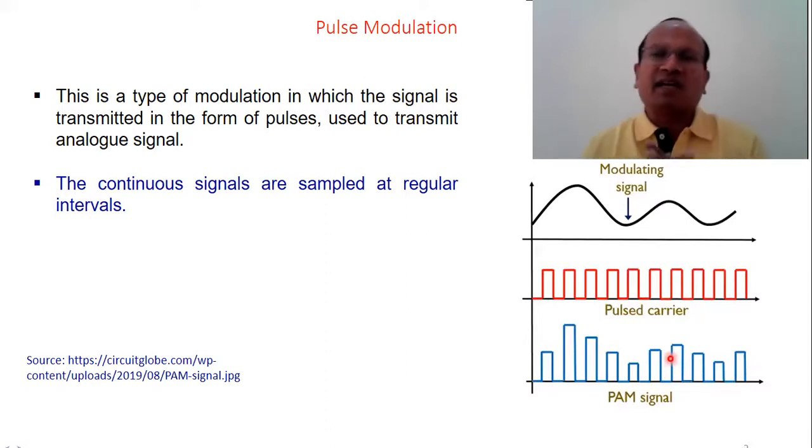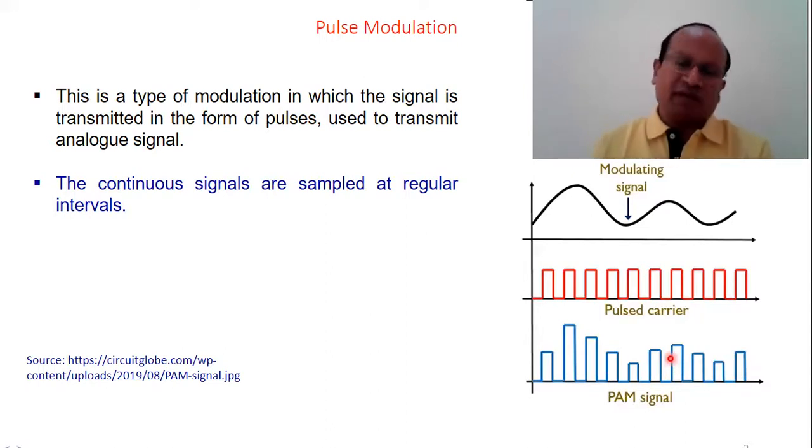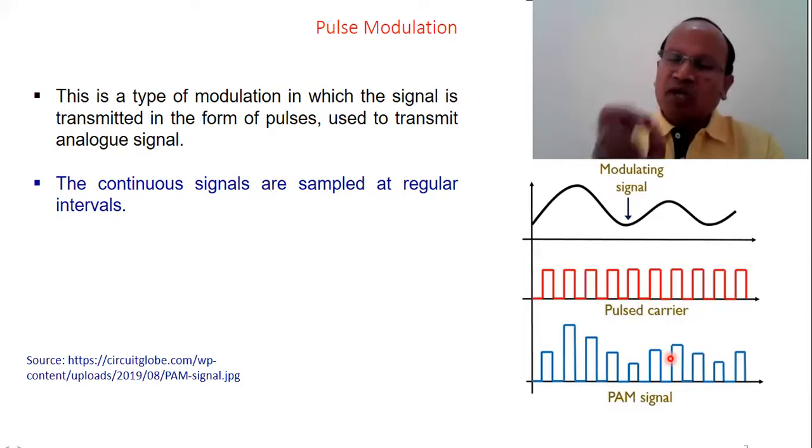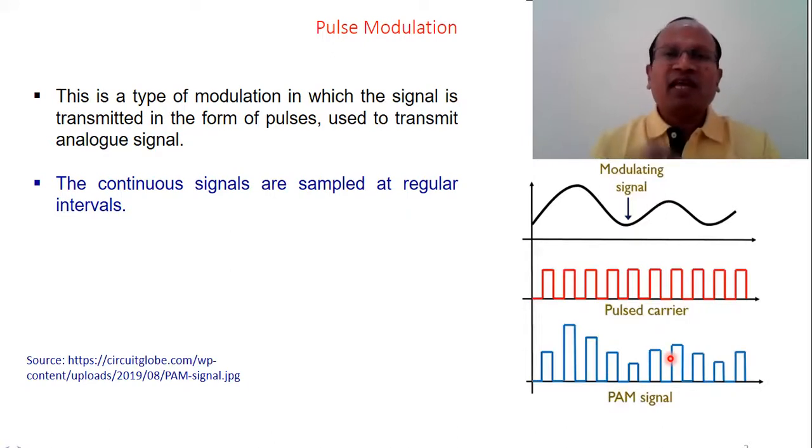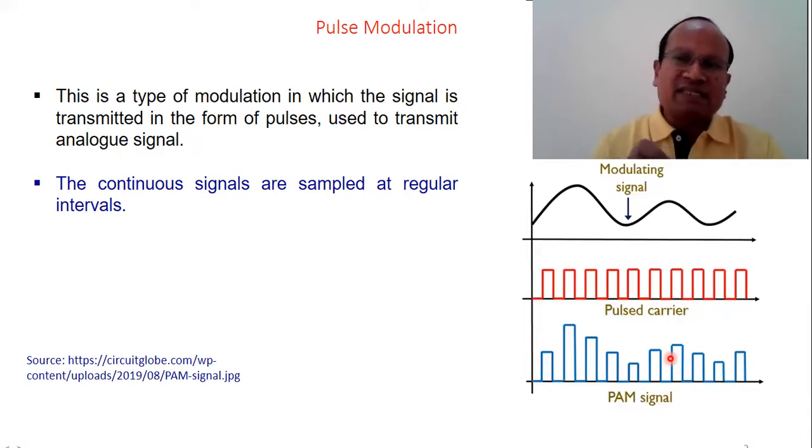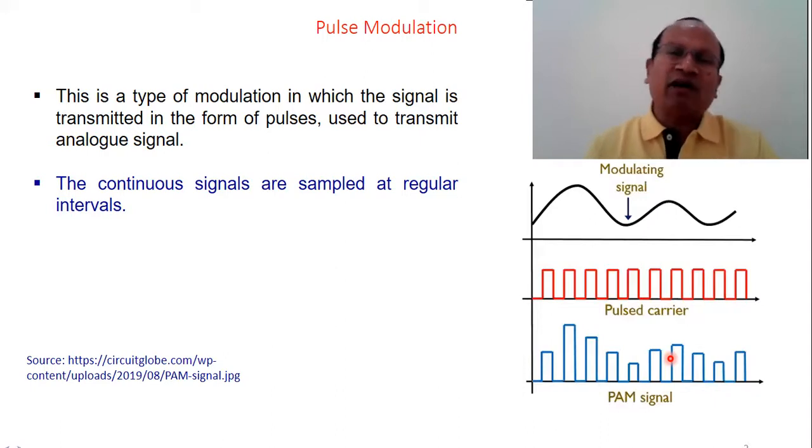So this is the general definition of pulse modulation, where one of the attributes of pulses, pulses of what? Carrier signal. Carrier here is a pulsed signal. So one of the attributes of the pulsed carrier changes in accordance with instantaneous value of message signal, then the method of modulation is called as pulse modulation.